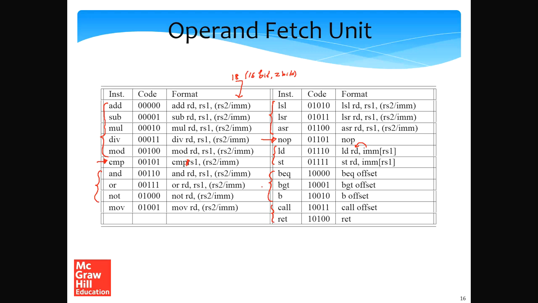And since we have 21 instructions, we require 5 bits. That's the reason we have a 5-bit code, and this code is also called the opcode. Right? It's a traditional name for the code of an instruction, opcode or operation code. So this 5-bit opcode that we have uniquely identifies an instruction.